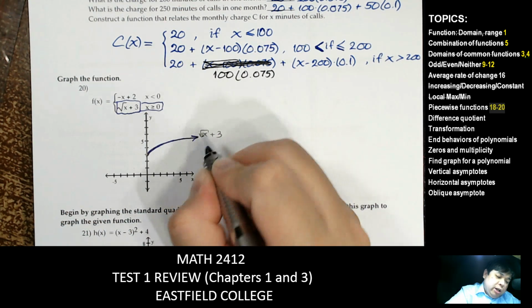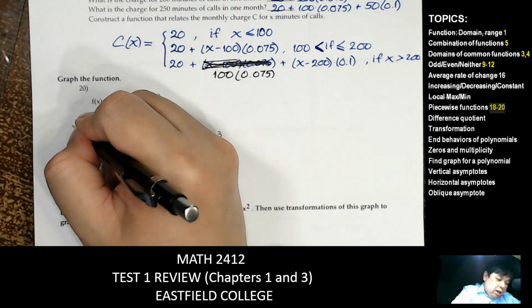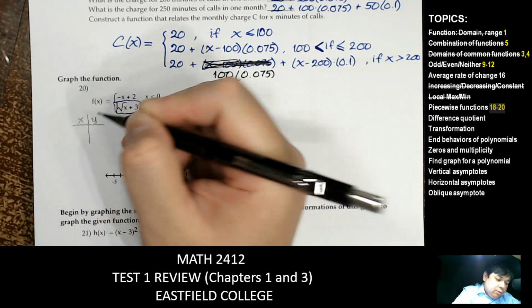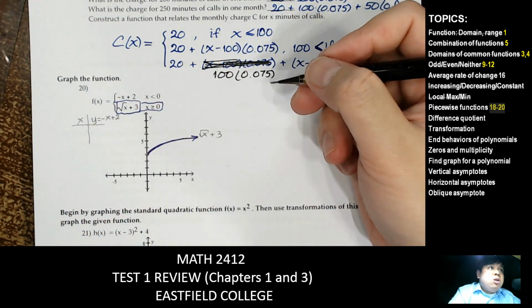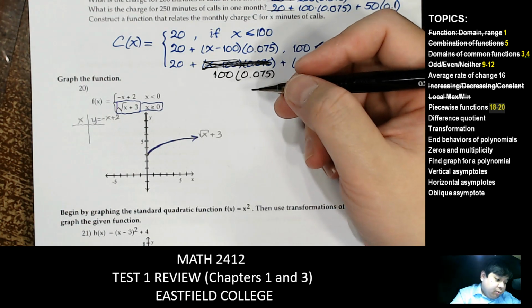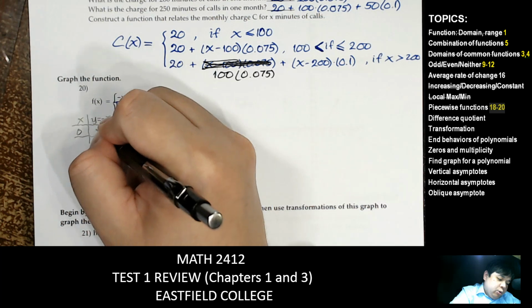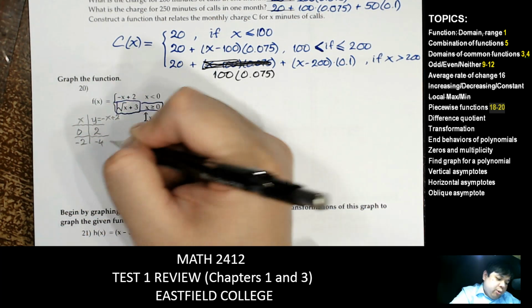And there will be an arrow. Next, negative x plus 2. That is the linear function. So we just pick some values for x. I choose x equal to 0, y equal to 2, x equal to negative 2, y equal to 4.